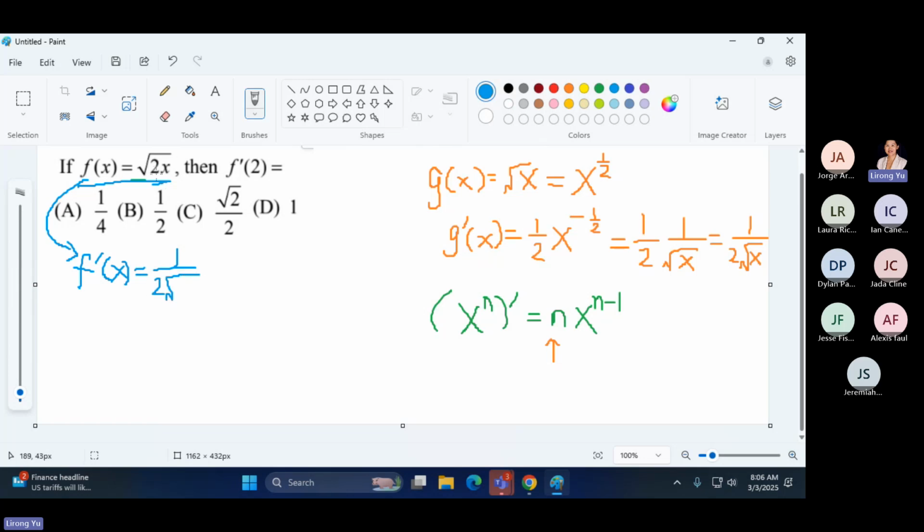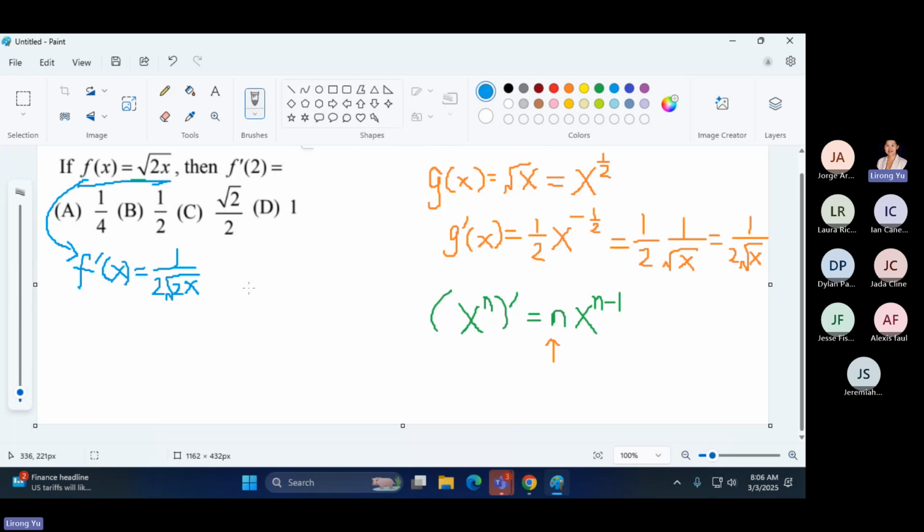Now the inside is 2x. When you're differentiating the outside, we don't change the inside, right? So for root of x, we have 1 over 2 root of x. If it's root of 2x, we have 1 over 2 times root of 2x. So the inside is 2x, inside of the root.